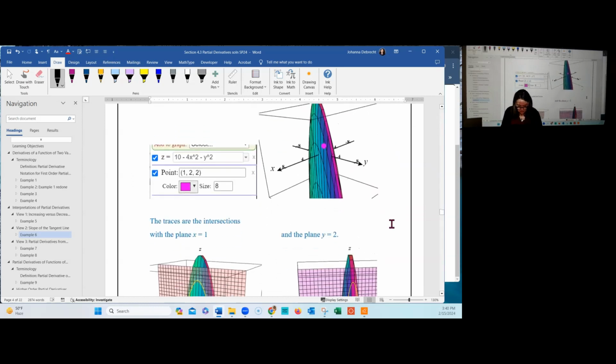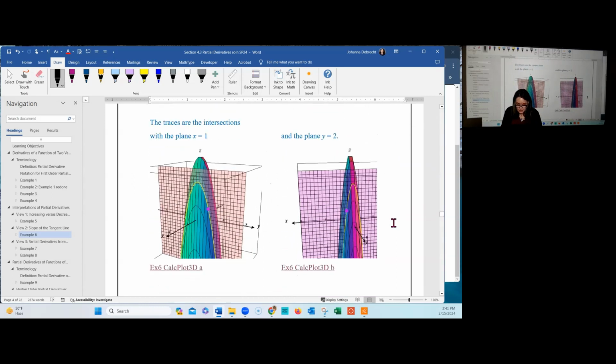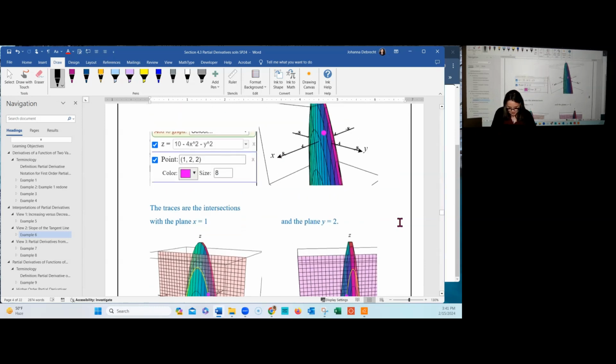Let's take a look at our next step. There are going to be two traces, one in the x direction, one in the y direction. If you're taking the partial with respect to y, you hold x constant. Our point was, what was it, 1, 2, 2? I think that's right. Let me go back up and make sure.